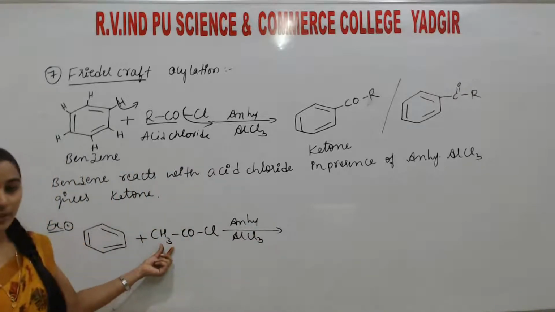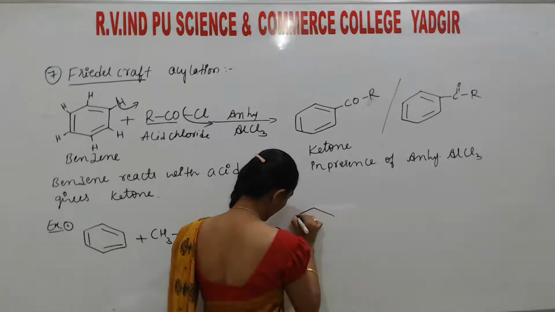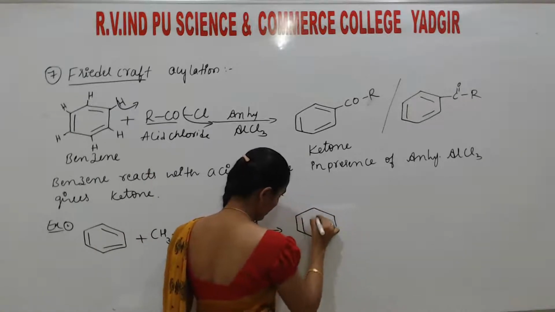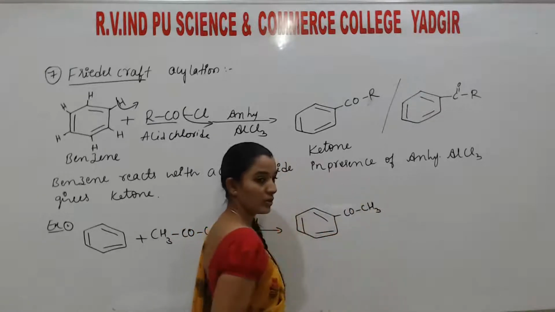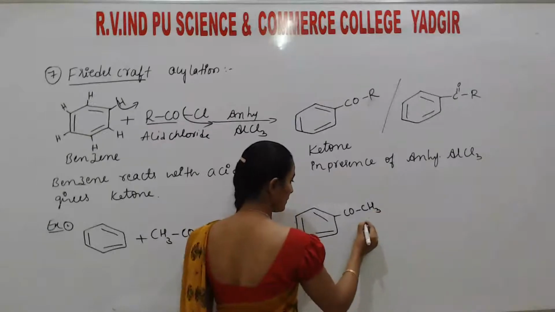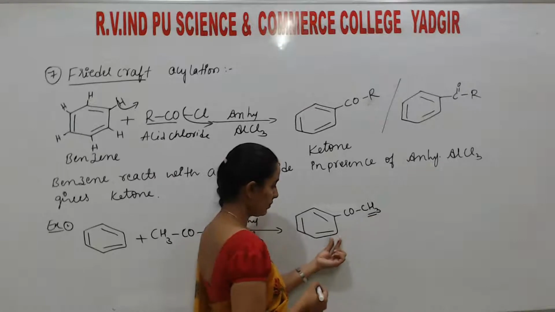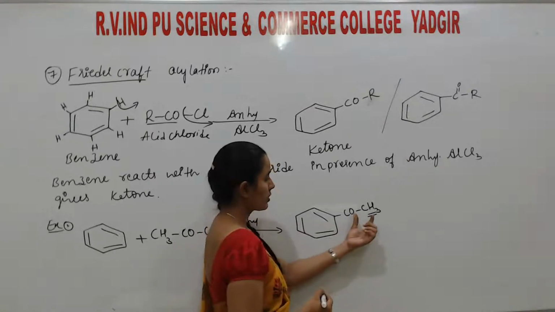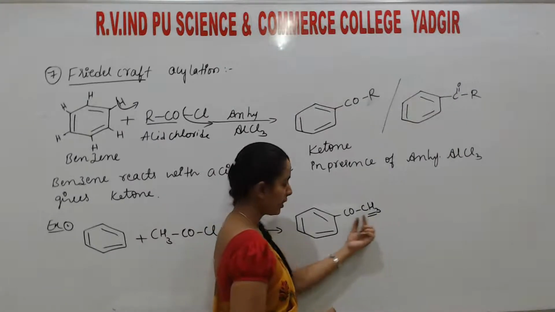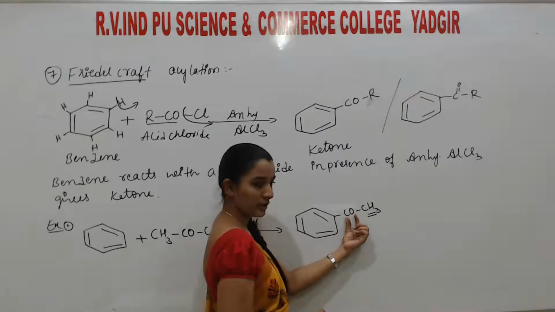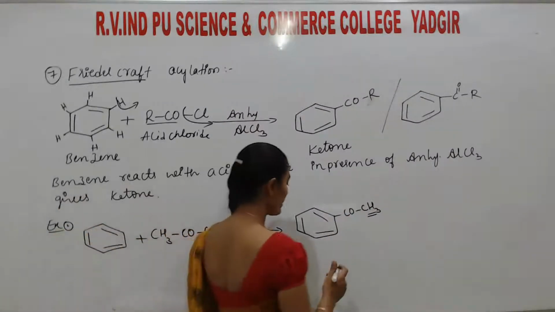Here R is replaced by CH3. So listen, this one is the CH3 group, this one is benzene. So how can you name the compound? This one is methyl, this one is phenyl, this is ketone. Methyl phenyl ketone. You may answer, right?